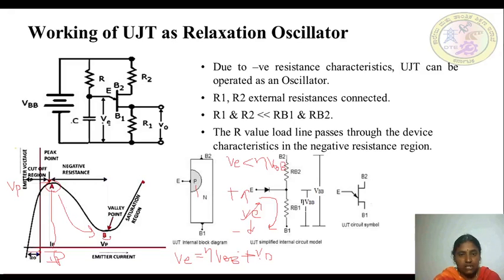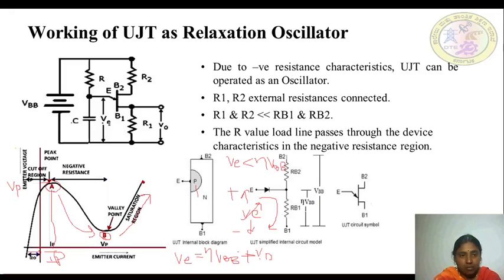After a certain point B, the B1 region gets saturated by the charge carriers emitted by the emitter. So once it is saturated, the resistance RB1 will not decrease any more. This will make the current increase, and the increase in the current will drastically increase the voltage.